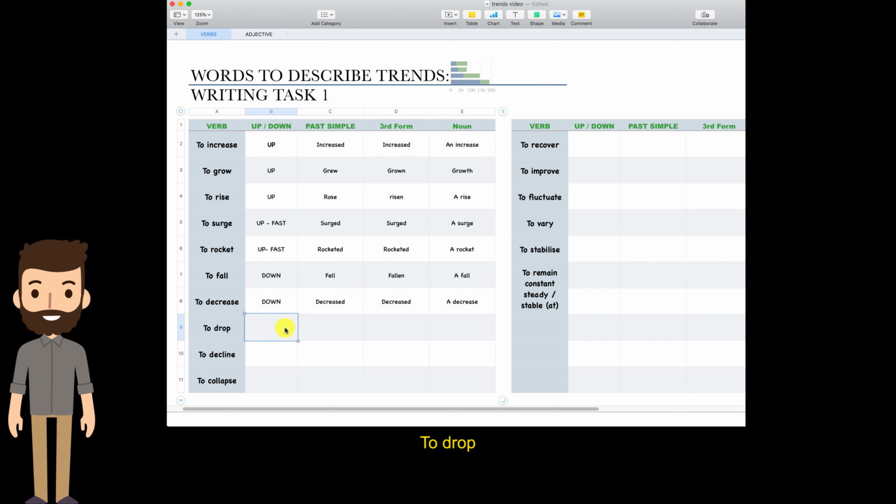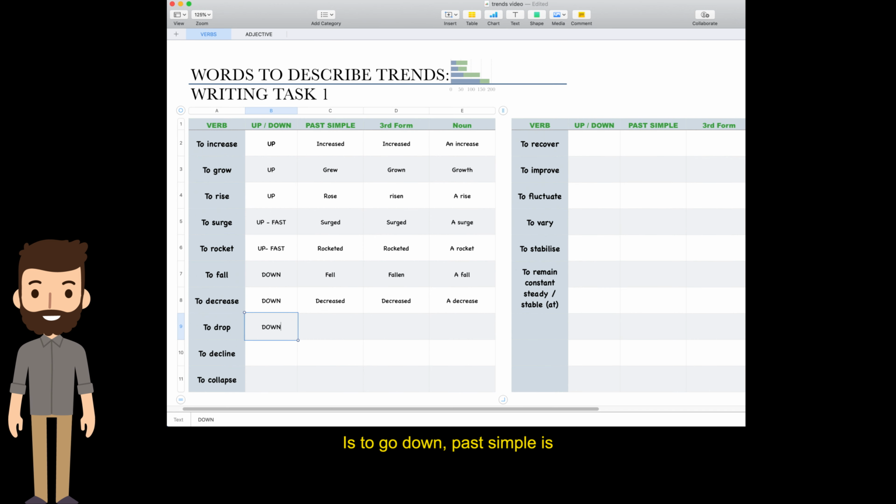To drop is to go down. Past simple is dropped, P-P-E-D. A lot of people forget to say the P-P. It's dropped. Third form is also dropped. And the noun is a drop.